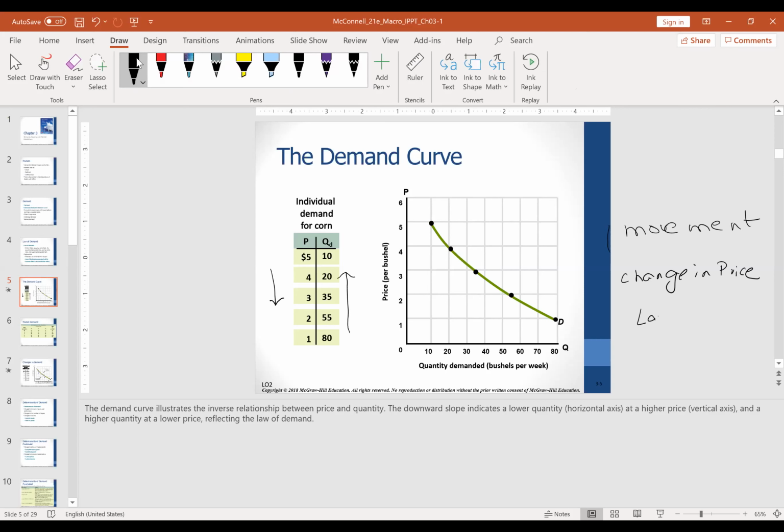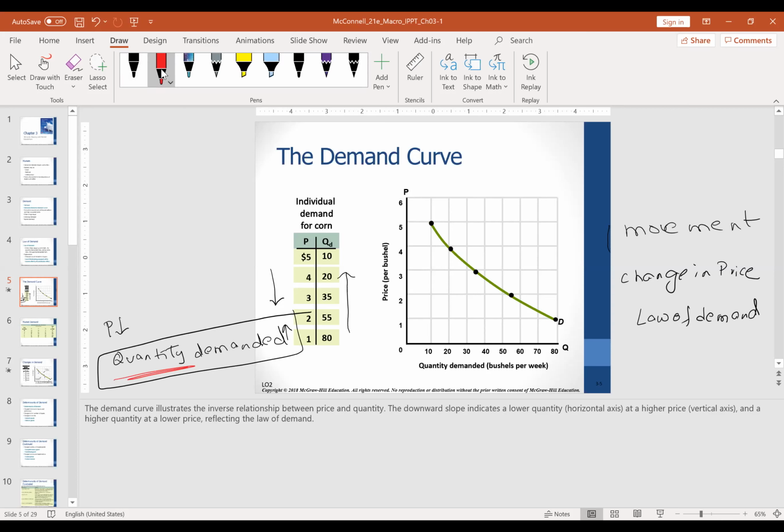And this one is called the law of demand. So be very careful with these definitions here, because when price is down, it's going to be quantity demanded that's going up. I'm just going to use the word quantity, which I'll stress over and over again.